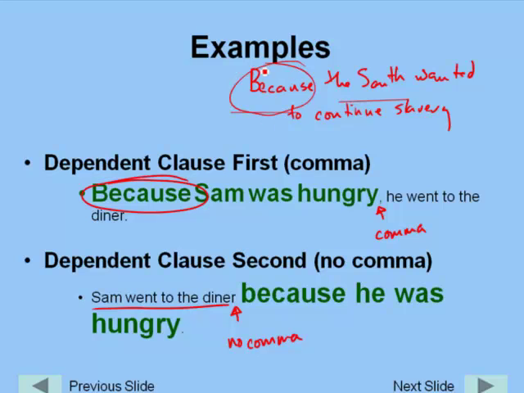So: because the South wanted to continue slavery, it seceded from the North. And now we have a complete sentence. And that feels kind of stilted.